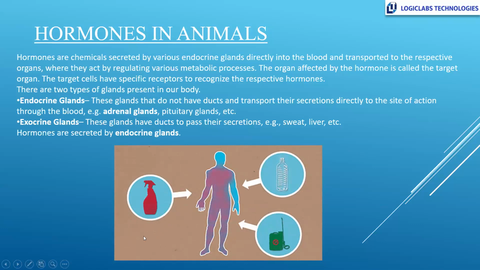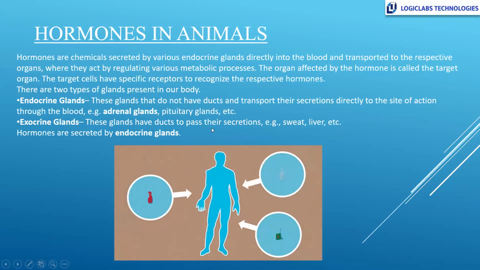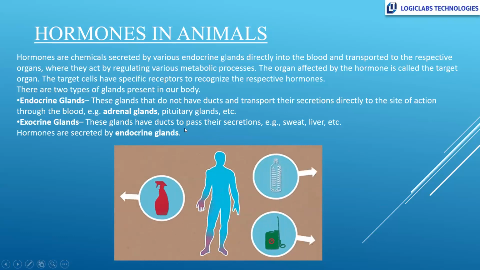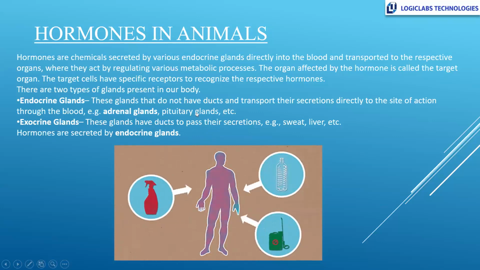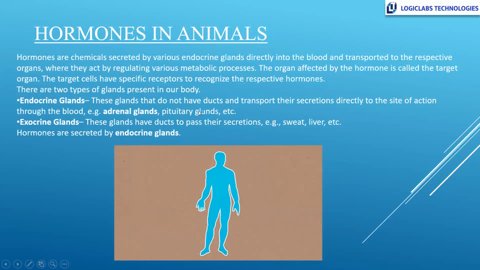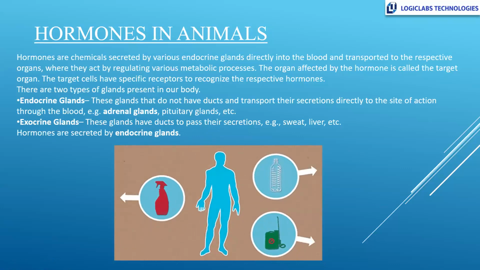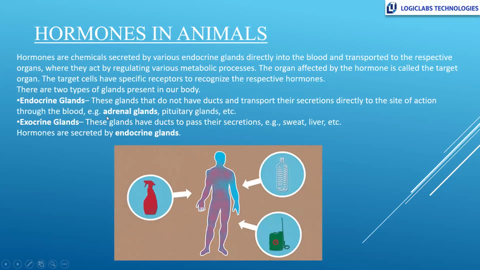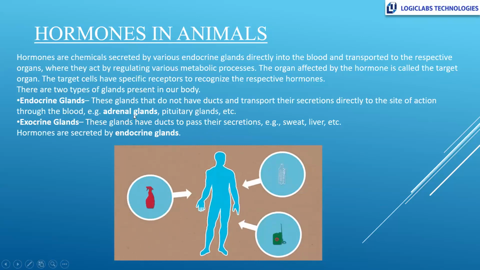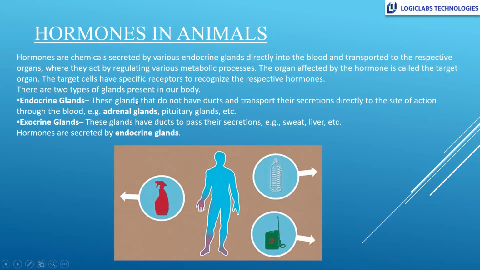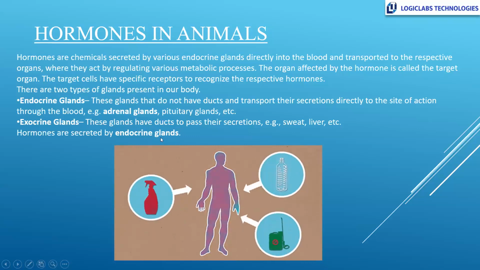The adrenal and pituitary glands do not have ducts, so they directly reach the site of action through the blood. They contain different hormones, and these glands release the hormones and chemicals, which then pass to the different parts of the body.